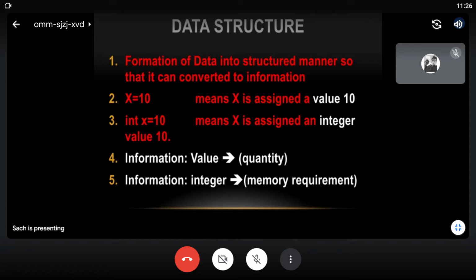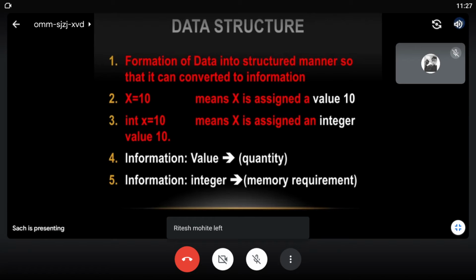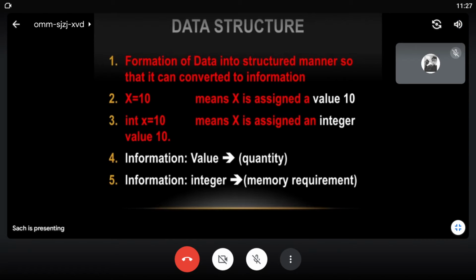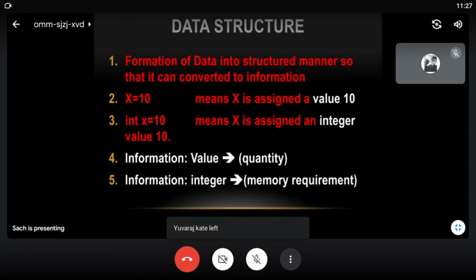But when we say int x is equal to 10, it simply means x is an integer data type and its value is 10. Now from these two examples, we derive two pieces of information. Line number 4, whenever a value is given, it directly impacts the quantity assigned to a particular variable. So when we say value, it is concerned with quantity.